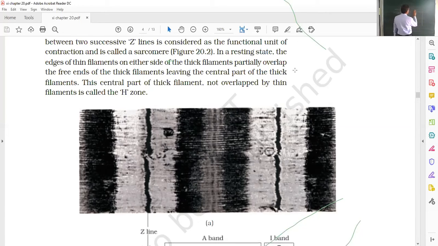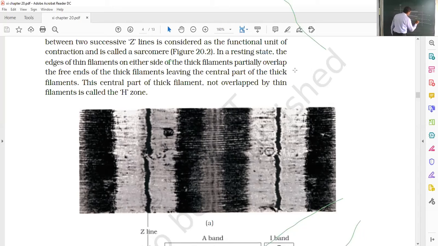Are they equal in size? No. So these are the actin fibers and this is the Z line. Okay, now there are myosin fibers found between the actin fibers.